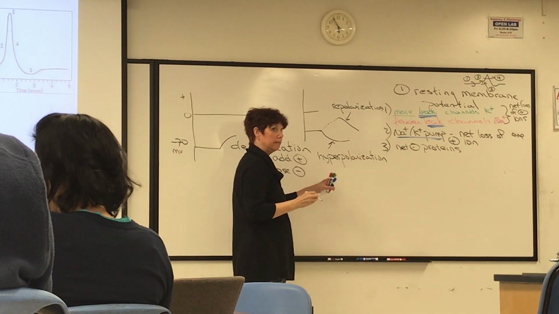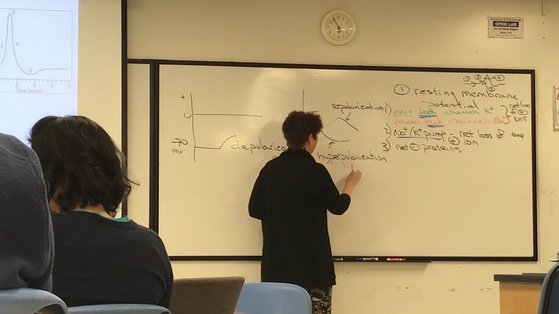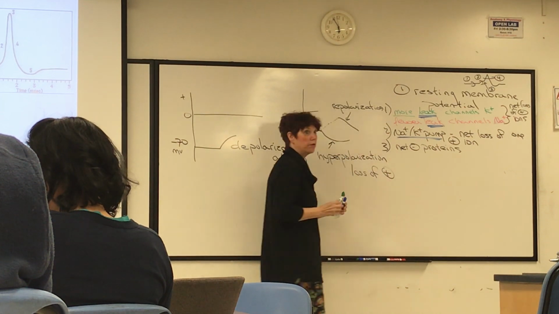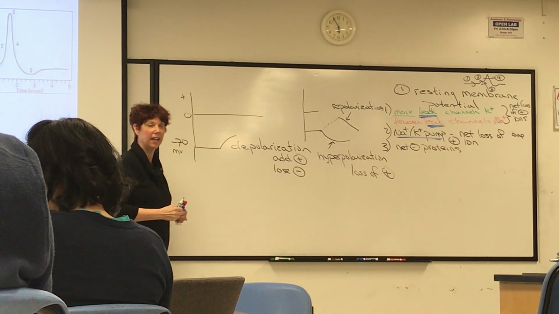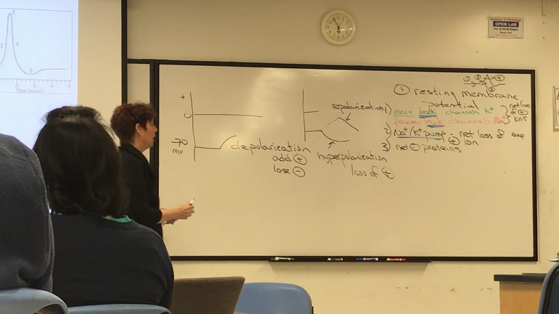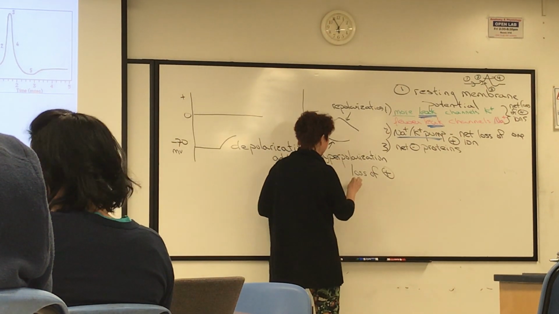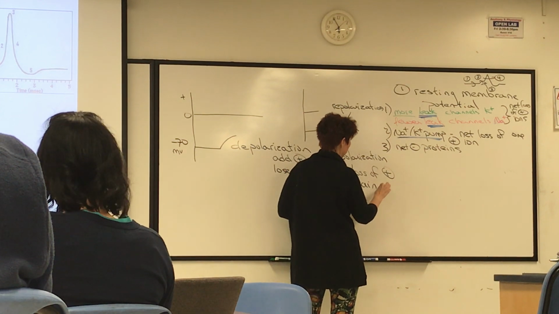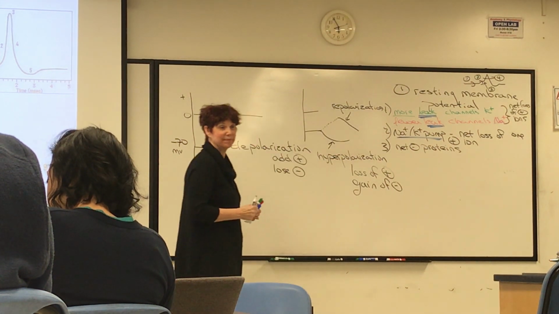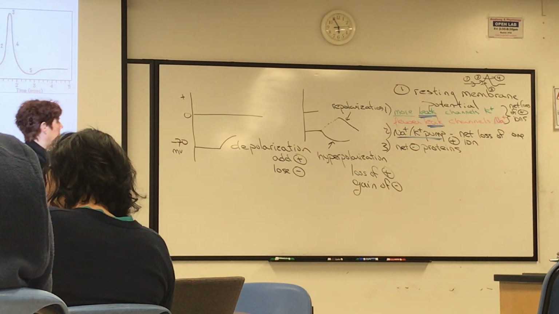And that can happen by a loss of positive ions, and that's usually potassium. Okay? So when potassium leaves the cell, the inside of the cell is becoming more negative, or a gain of negative ions, and that's usually chloride. When chloride comes into the cell, it's becoming more negative.